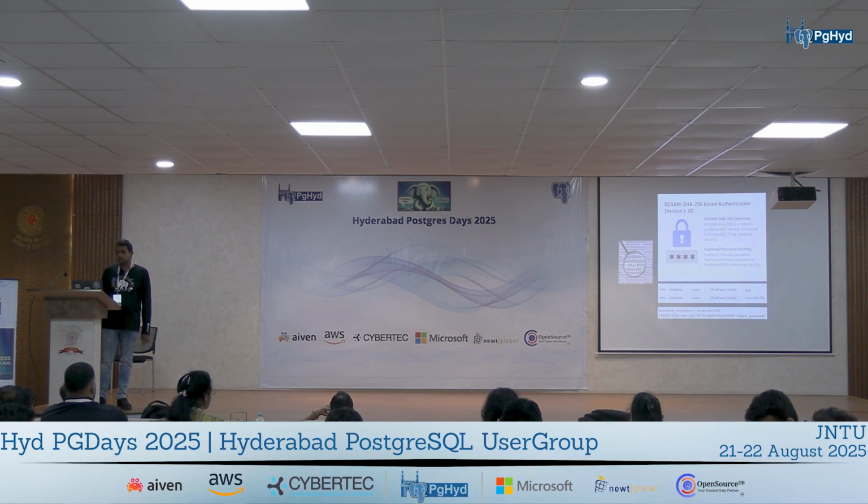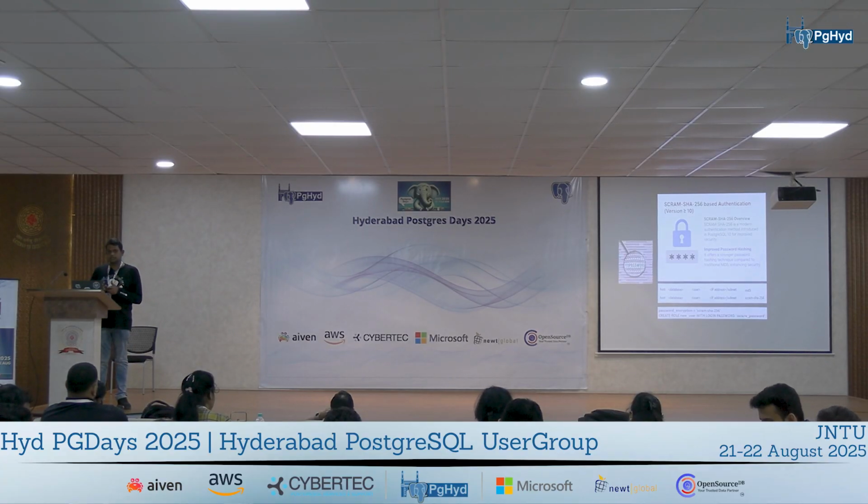Here you can see the difference between SCRAM SHA-256 and MD5. In MD5, let us assume all your passwords are compatible with MD5 and your authentication mechanism is MD5. Whenever a client enters the password, and whenever the password gets created, that password gets stored in the form of an MD5 hash on the database.